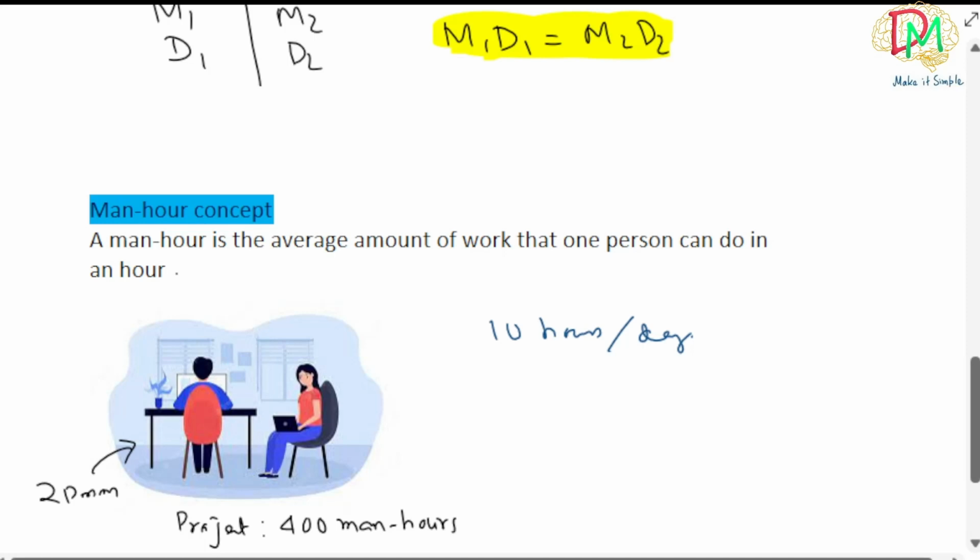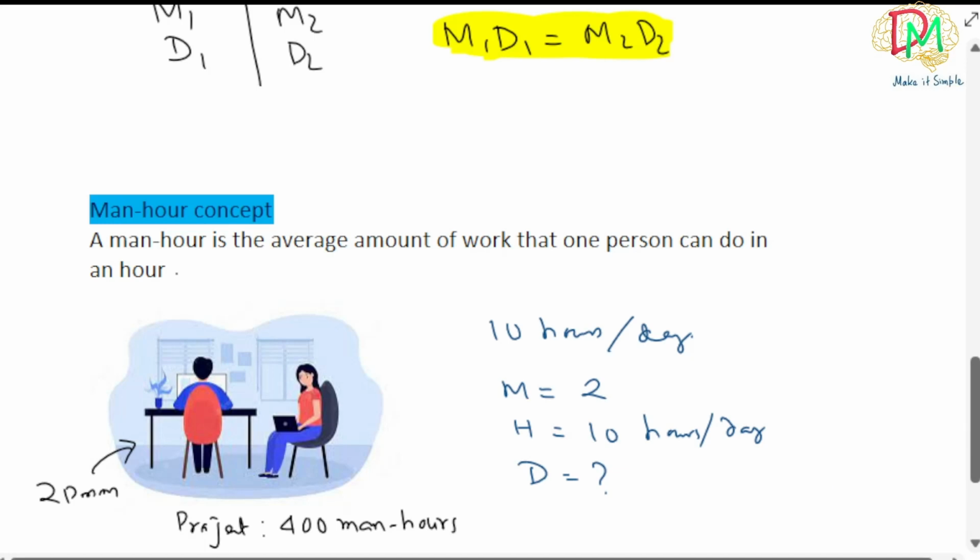So here the number of men is 2, and the hours are 10 hours per day, and we have to find out the days.